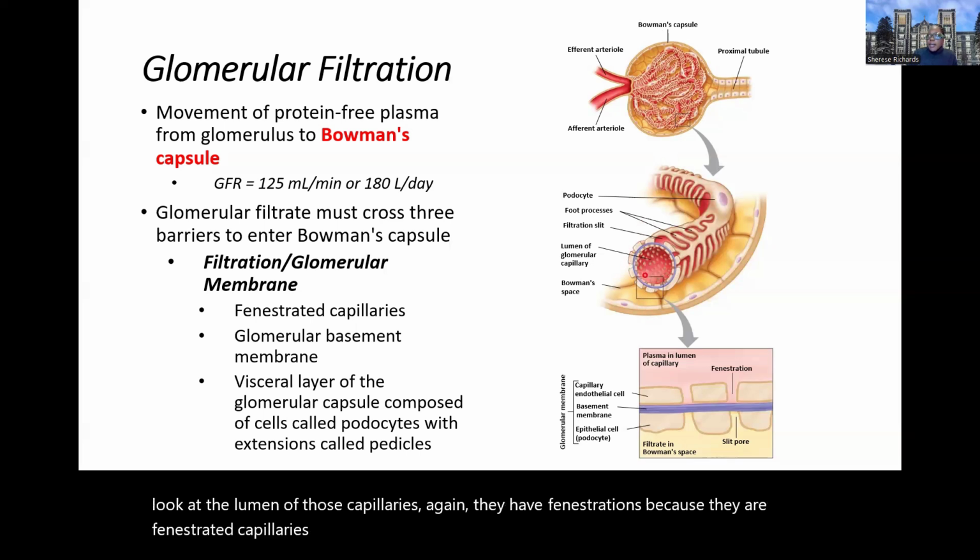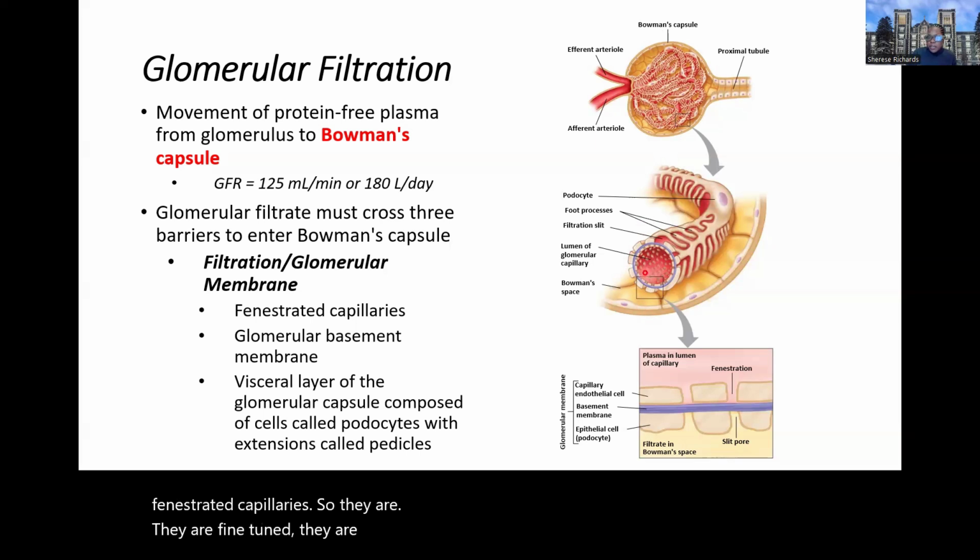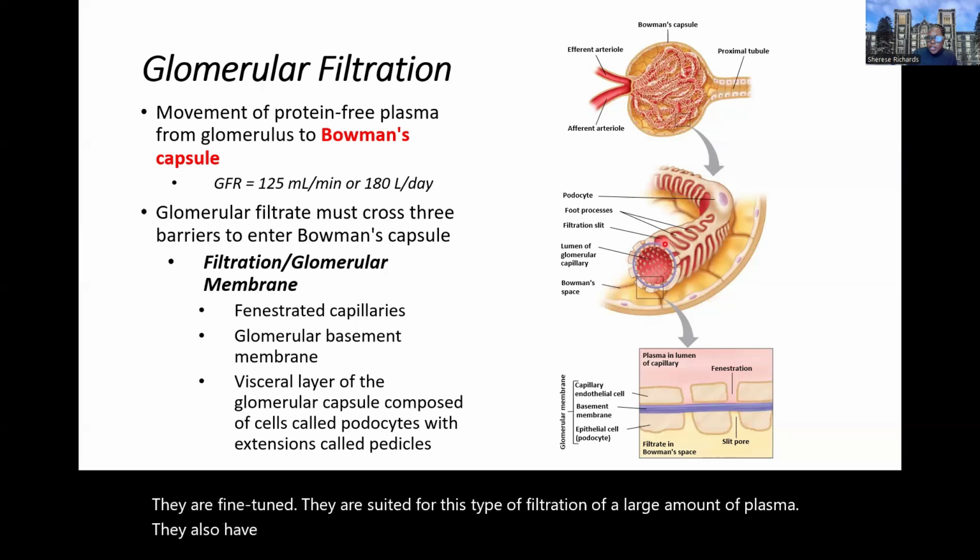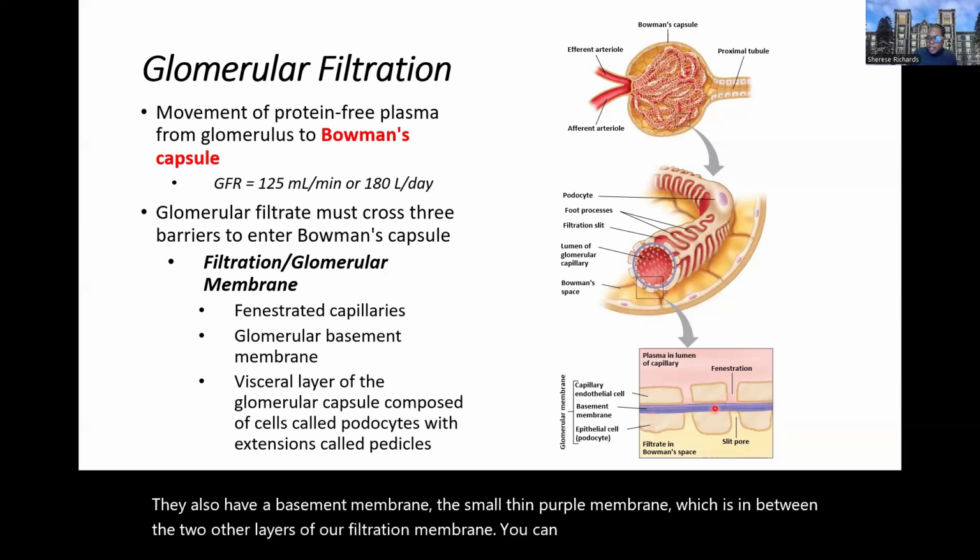So they're fine-tuned, they're suited for this type of filtration of a large amount of plasma. They also have a basement membrane, this small, thin purple membrane, which is in between the two other layers of our filtration membrane. You can see that better down here.